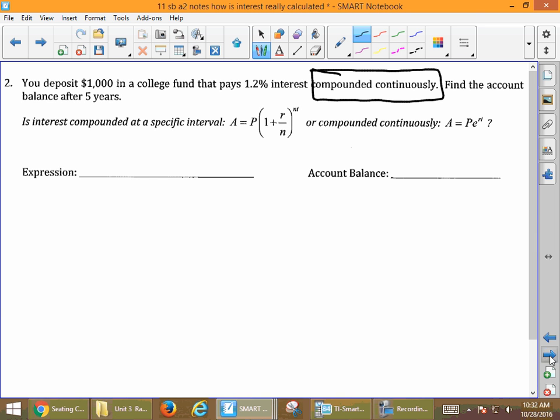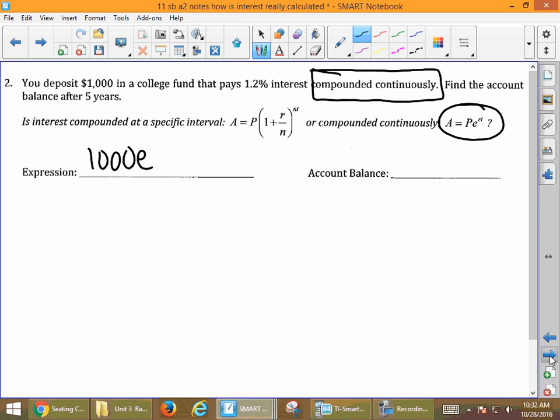It says find the account balance after 5 years. So we're depositing $1,000 in the bank. That's our original amount. Sorry, I gave it away here, because it's compounded continuously, we need to use this formula.